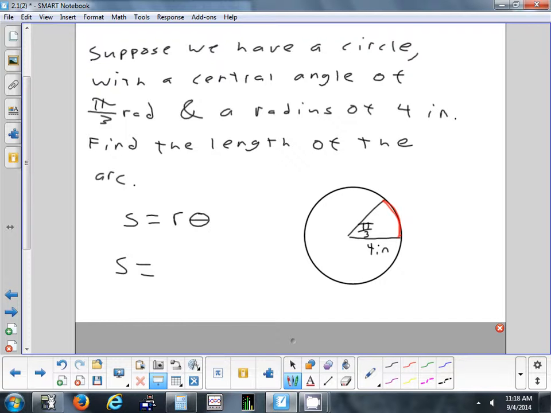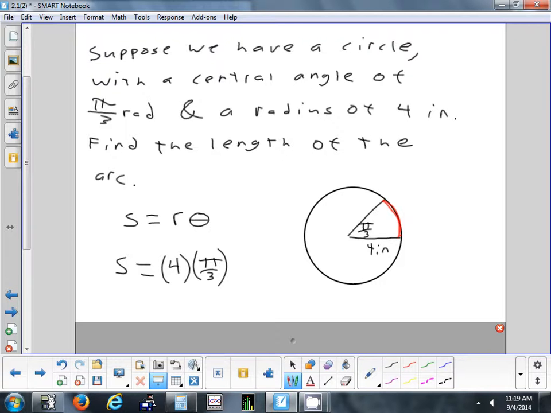Yep, radius is 4. And theta, that's my angle. Okay, Kyle, what's my angle here? Yep, and it's already, he said radians. It's already in radians, so I can plug it right in. If it was in degrees, I'd have to deal with that and change it to radians.